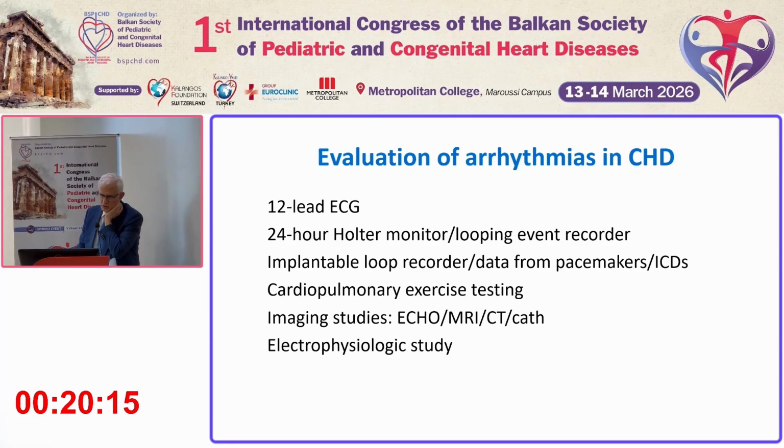We also use cardiopulmonary exercise testing and a lot of imaging studies with echo, MRI, CT, and if necessary, cardiac catheterization. And finally, the electrophysiologic study, which provides us with a more detailed view of the underlying substrate.